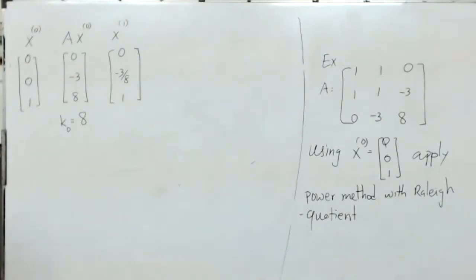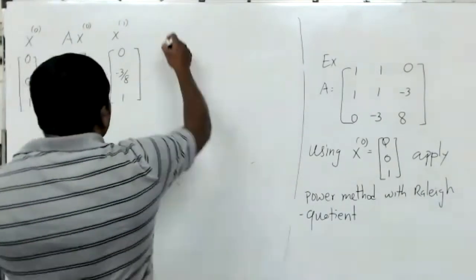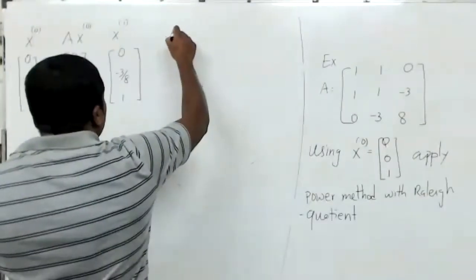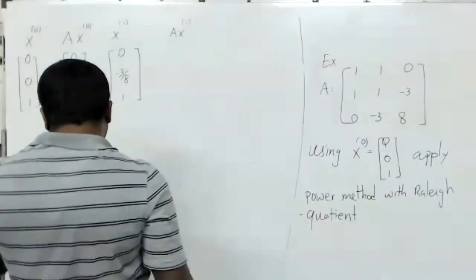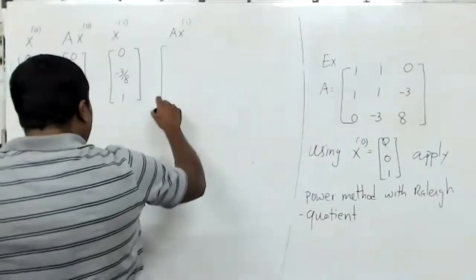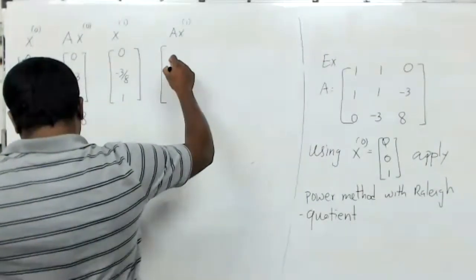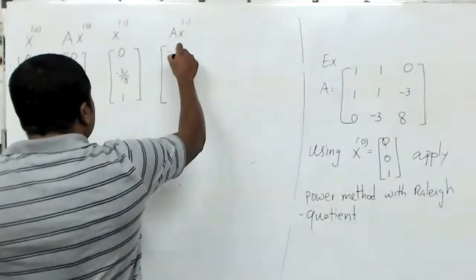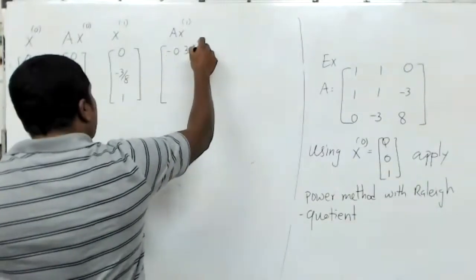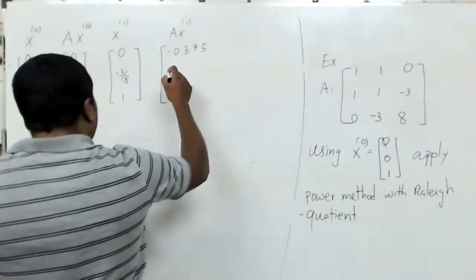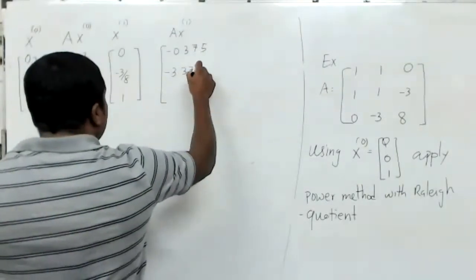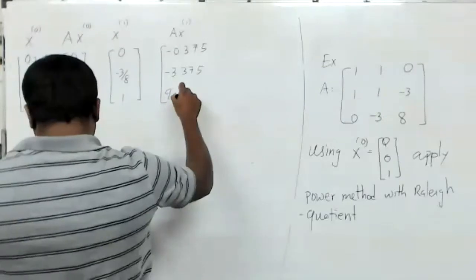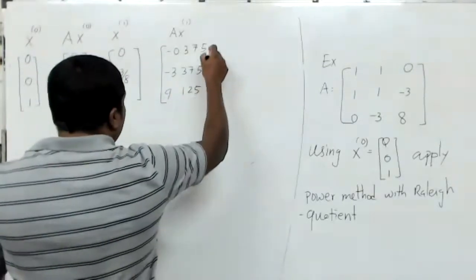Once you get this, you compute A x1. When you compute A x1, you will get (-0.375, -3.375, 9.125).